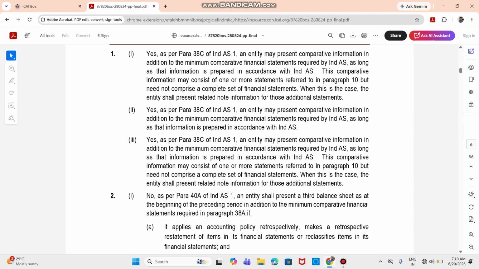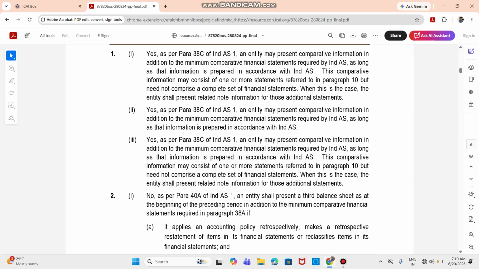Next is, as per para 11 of Ind AS 1, an entity may present comparative information in addition to the minimum comparative financial statements required by Ind AS as long as that information is prepared in accordance with Ind AS. That is it. Lastly, an entity may prepare comparative information in addition to the minimum comparative financial statements as long as that information is prepared in accordance with Ind AS. If you see, this line is repeatedly used in this particular question.